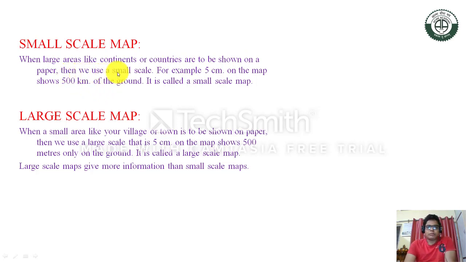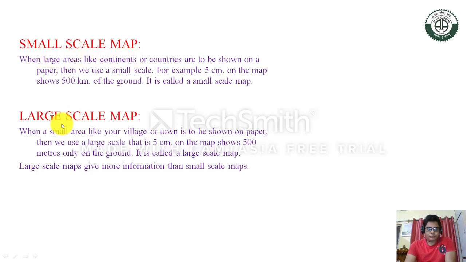For example, 5 centimeter on the map shows 500 kilometer on the ground, so it is called a small scale map. Here 5 centimeter may represent 500 kilometer, 1000 kilometer or 2000 kilometer.